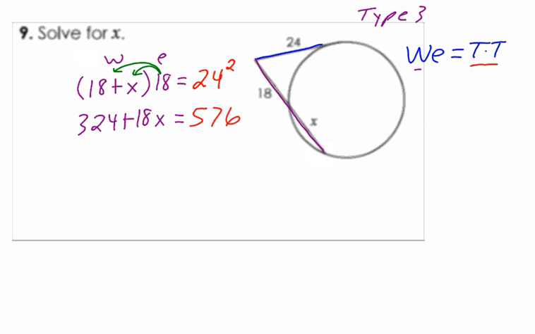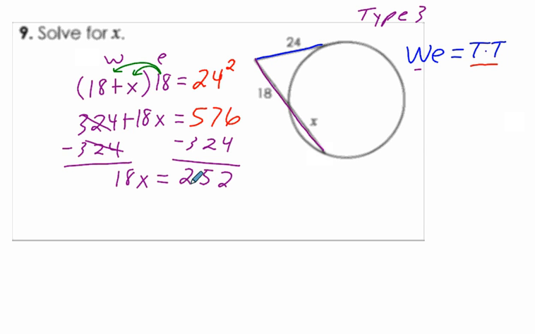Now it's two steps to solve, so we're going to subtract the 324 from both sides. And we get 252. And then divide both sides by 18.